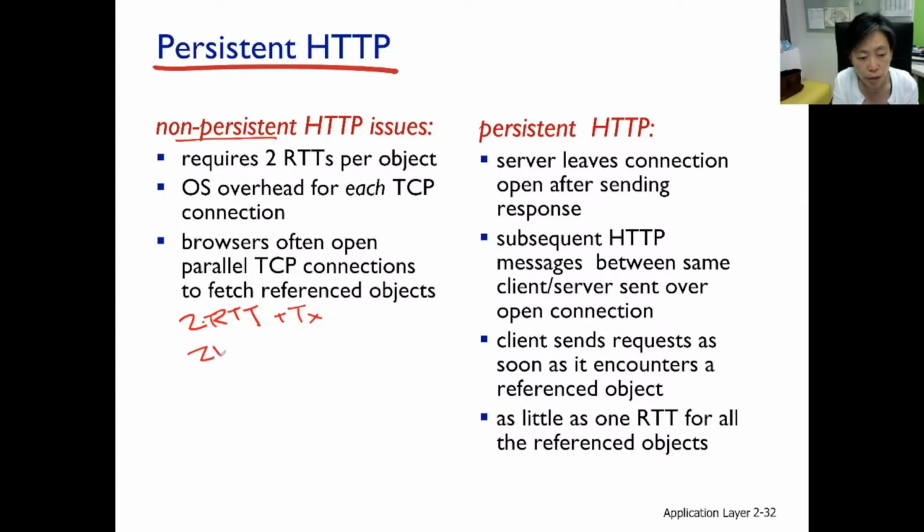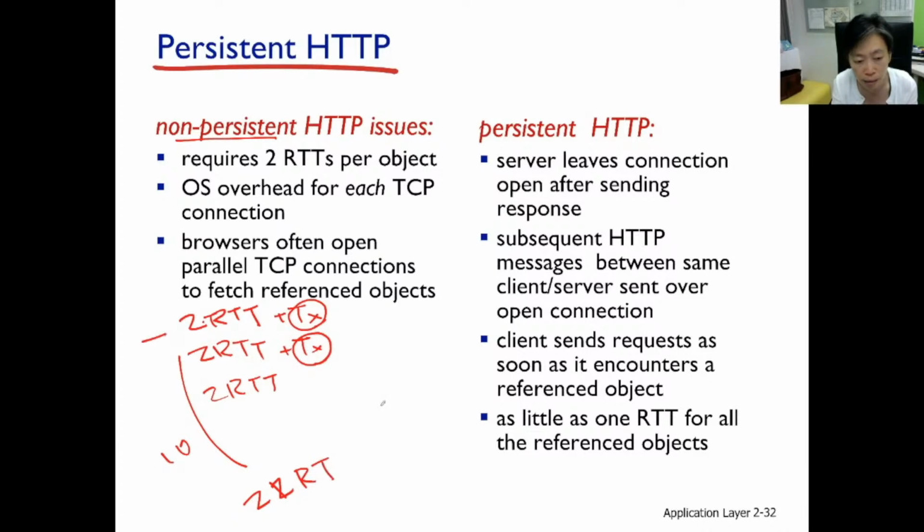For each of the 10 objects, we do more. Okay, so the transmission time might vary a little bit from object to object, but round trip times remain the same. All right, so there are 10 of these. So 22 round trip times, 10 of these plus this one over here, the base. And yeah, the sum of the transmission times, depending on which object it is, for all i.